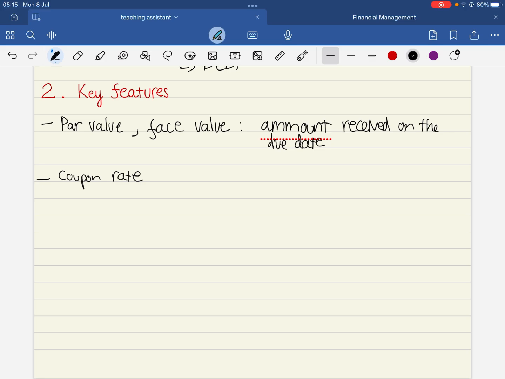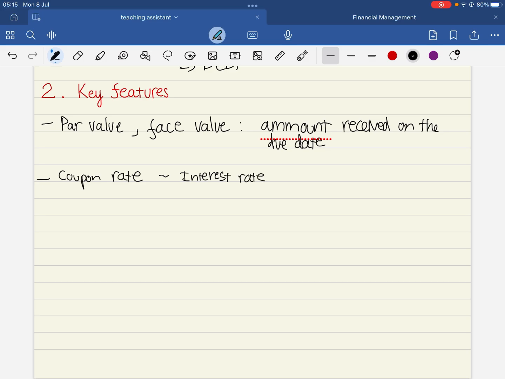Most of the time, on top of a bond certificate, there will be an interest rate which requires a company to pay you a percentage of the face value annually. So every year, you will receive coupon payments. The coupon rate is the same thing as the interest rate when we borrow funds.